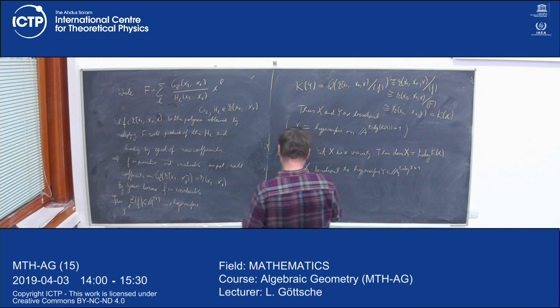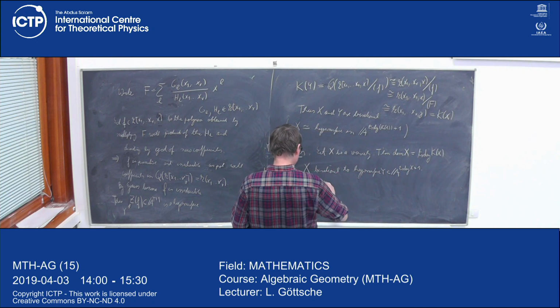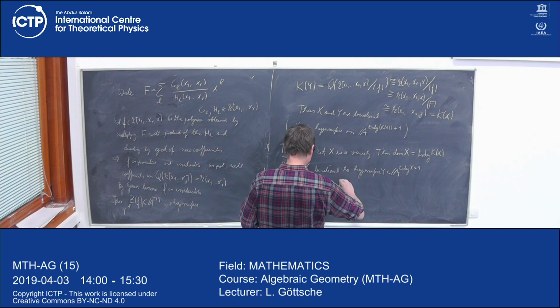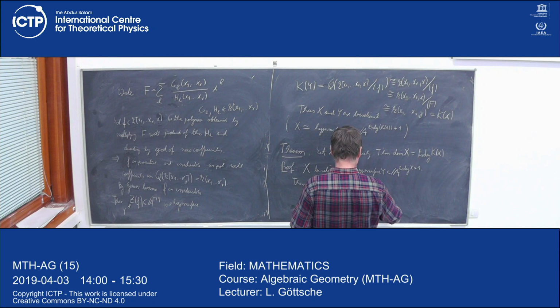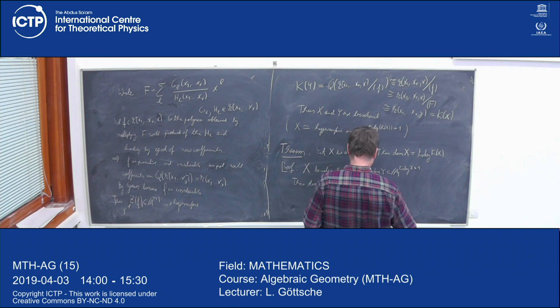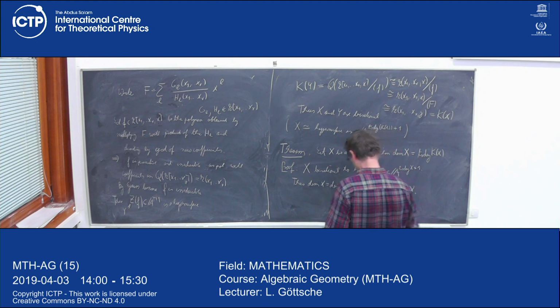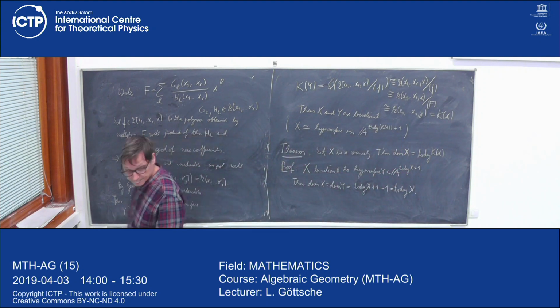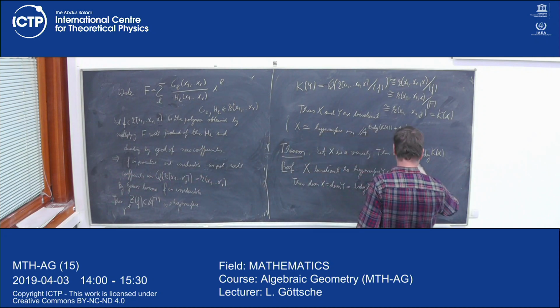So by our theorems, the dimension of X is equal to the dimension of Y, which is equal to the dimension of this affine space, so to the transcendence degree of k(X) plus 1, minus 1. I wrote just X, but I mean k(X), obviously.